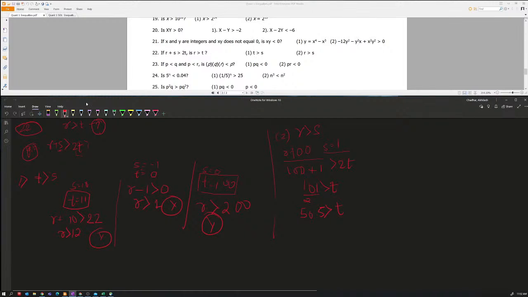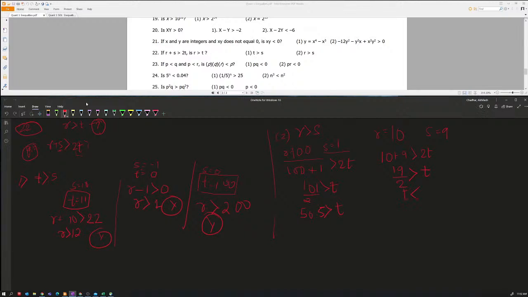Now let's take another example where r is 10 and s is smaller than r. So let's take s is 9. If we take this, we get 10 plus 9 is greater than 2t, and this becomes 19 by 2 is greater than t.